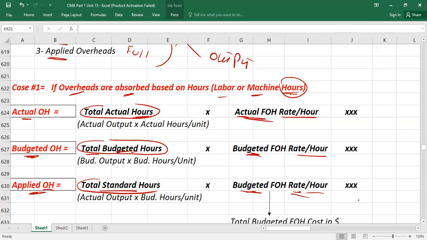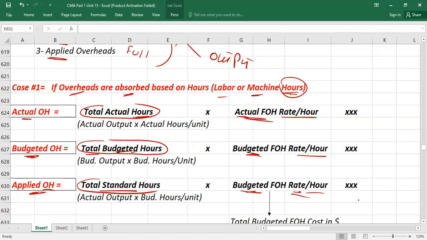You understood what's the difference? In actual overhead, everything is actual: hours are actual, rate is actual. In budgeted overhead, everything is budgeted: hours are budgeted, rate is budgeted. In applied overhead, you use standard hours and multiply with the budgeted rate.